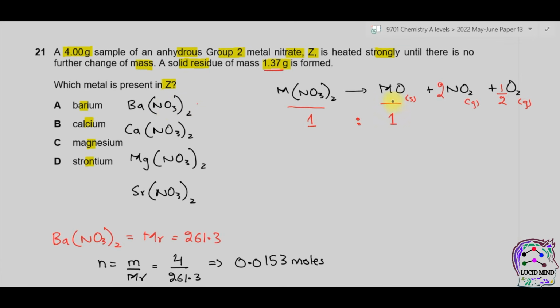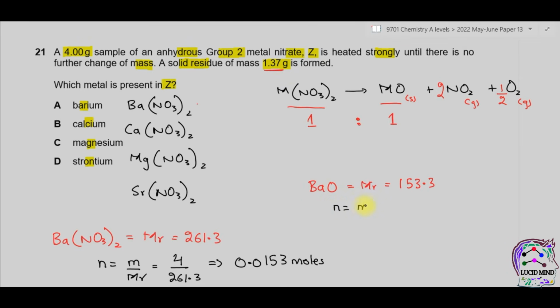So let's do it for metal oxide. Metal oxide means we have barium oxide now. The molecular mass of barium oxide is calculated. It is 153.3. Mass is given, so now we can find moles.